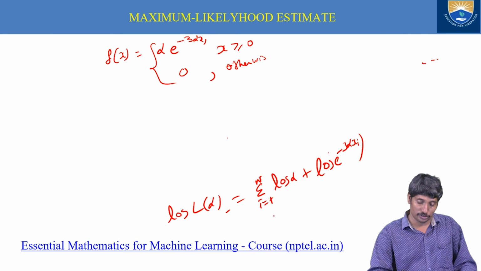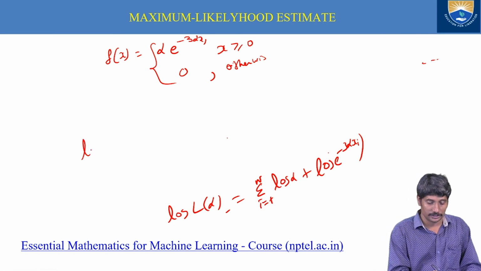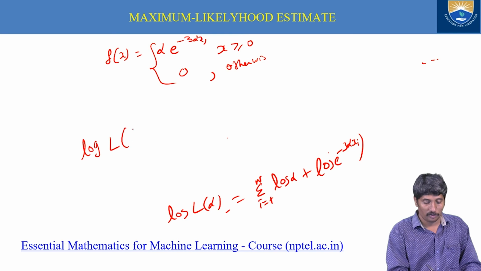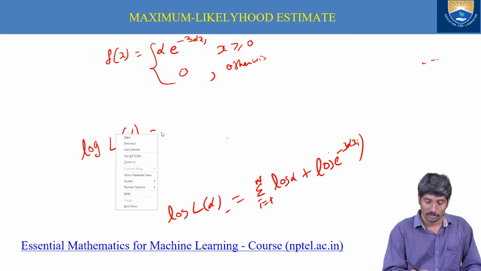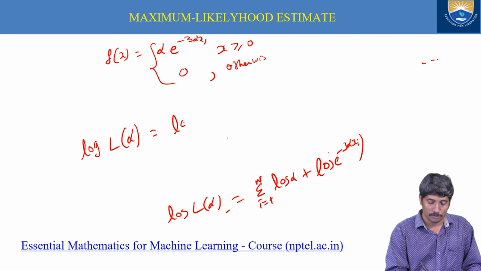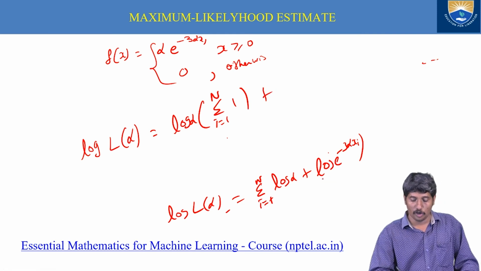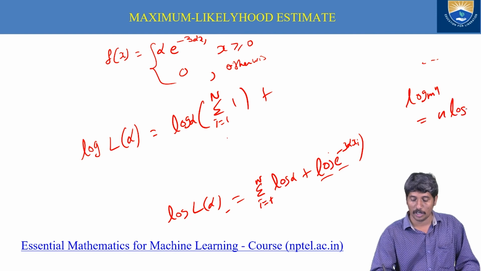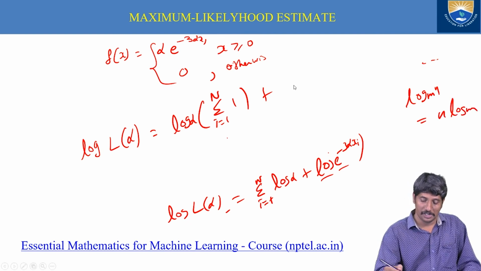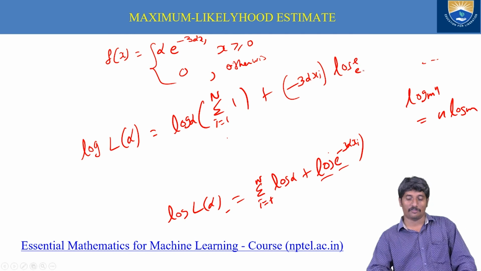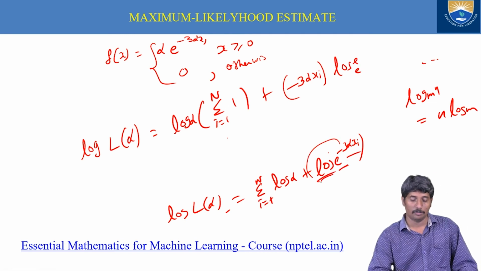Here log alpha is constant, so log L of alpha is equal to log alpha comes out of the summation i equals 1 to n, 1 remains in, and log of e power n. What is log of m power n? n log m. That means you will get minus 3 alpha xi into log e base c. After applying log mn and n log m, we get this.